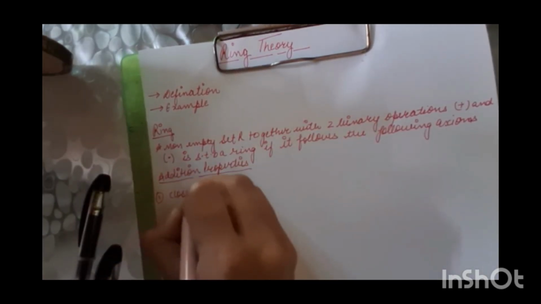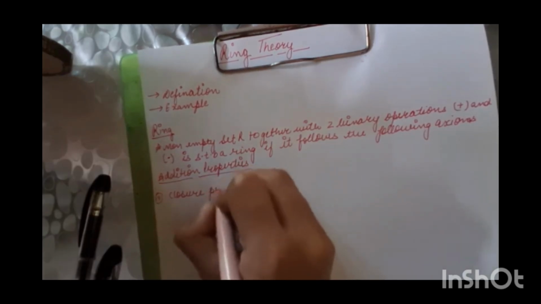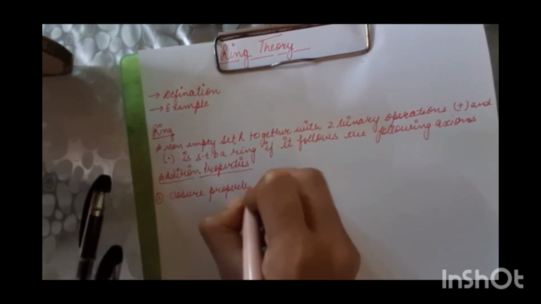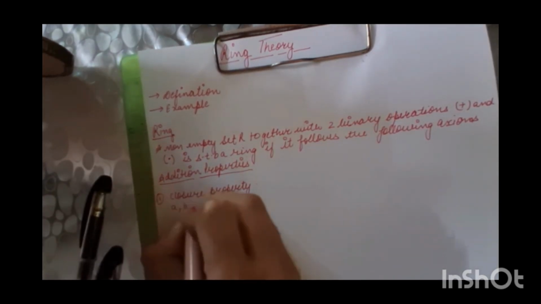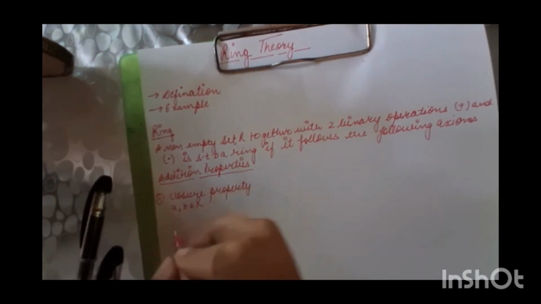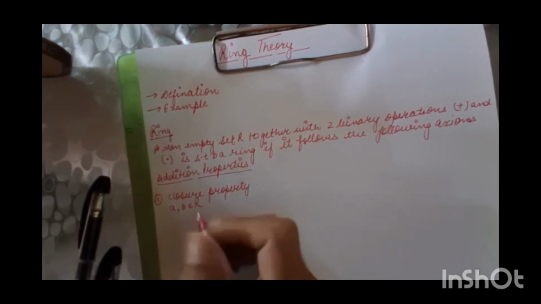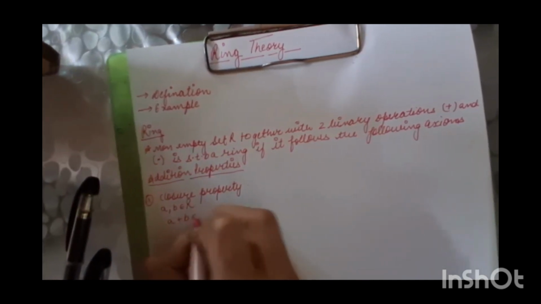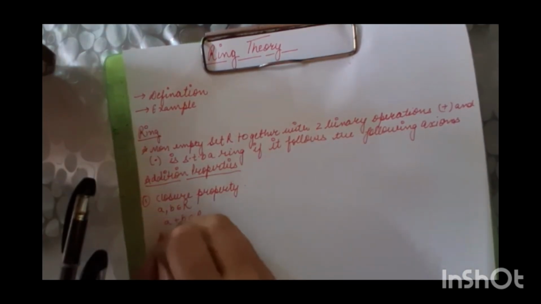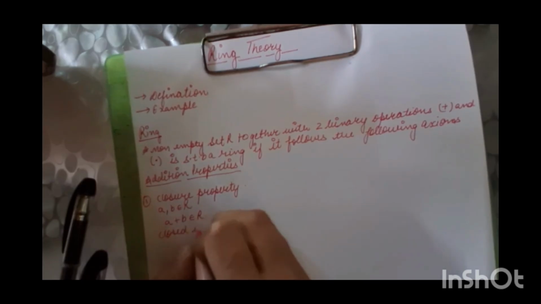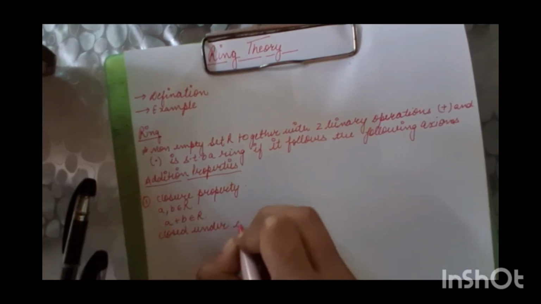We take any two elements, let us say a, b, from the set R, and their sum a plus b must belong to R. So it implies that R is closed under addition.